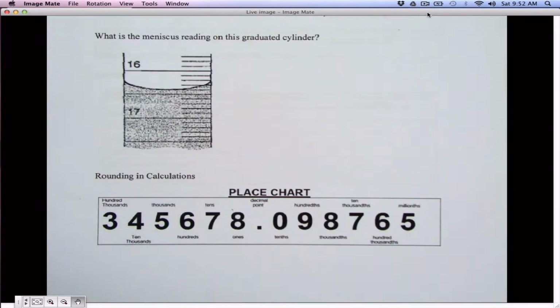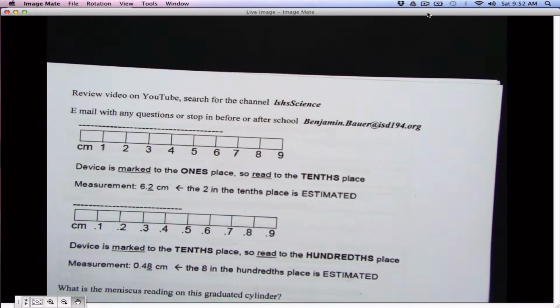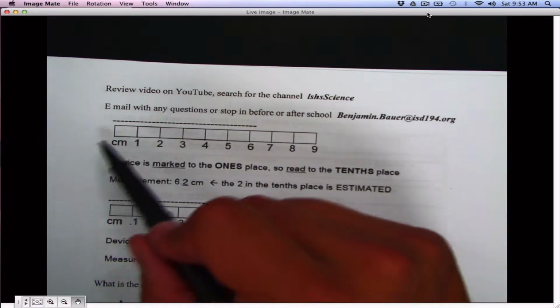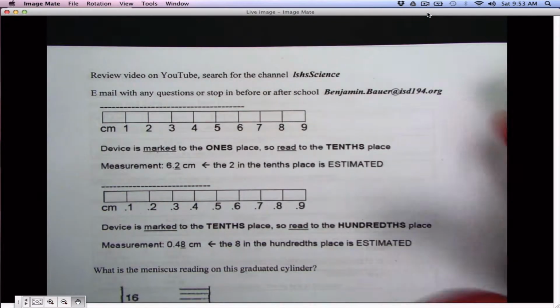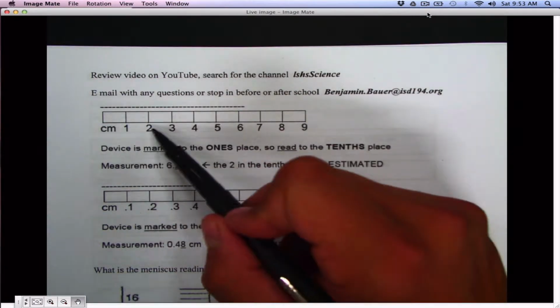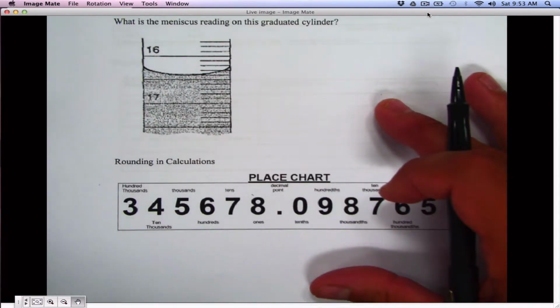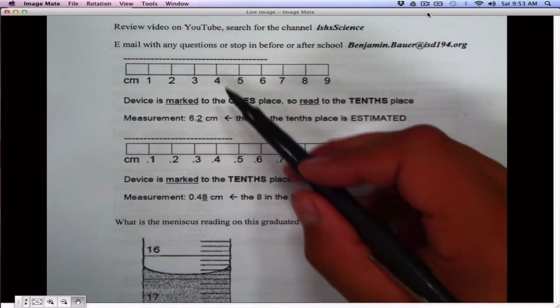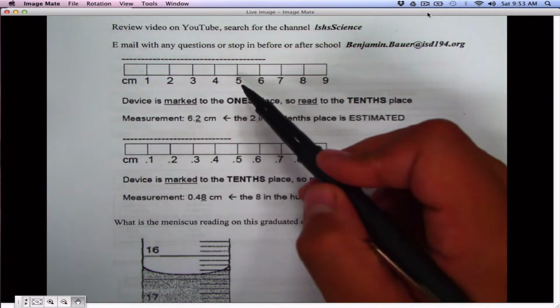So here we go. Let's try a couple. If I have this ruler, these are measured to the ones place. Look on the bottom of the page; there's a placeholder if you don't know what place is measured. I know this ruler is measuring to the ones because there's 1, 2, 3, 4. That's the ones place.